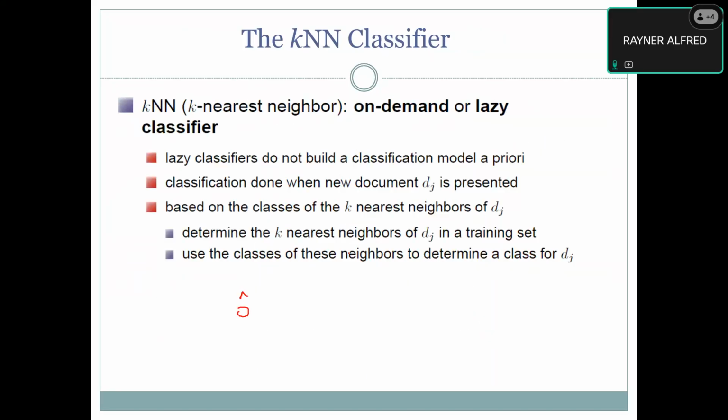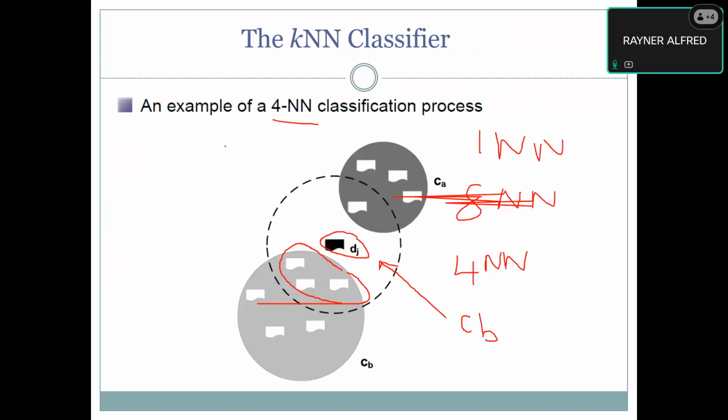K nearest neighbor is sometimes called a lazy classifier, because we do not have to run the modeling. We don't have to train the model, because the way it classifies is based on computing the distance only, to the nearest neighbors around the new document.